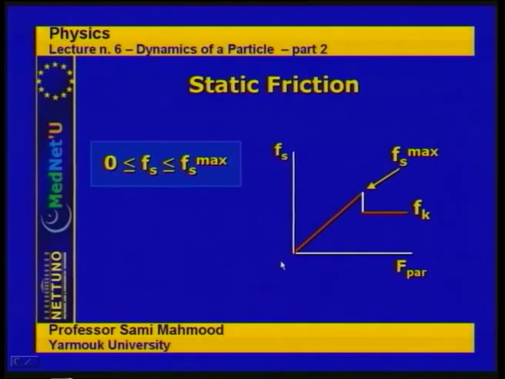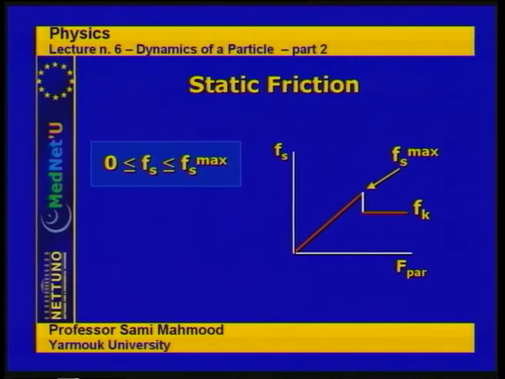So graphically, we can say that the static frictional force starts from 0 and grows with F parallel. F parallel is the force acting on the object parallel to the surface. If we keep increasing the parallel force and the object does not move, the static force keeps growing until it reaches the maximum.